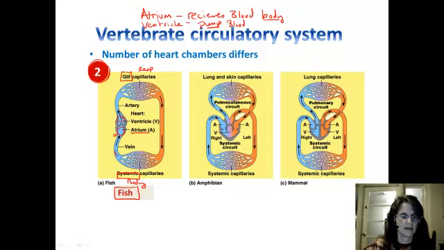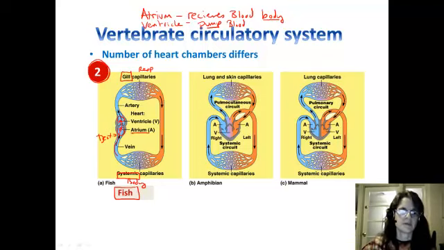Blood will have been out in the body, and will come back into the atrium. If the blood has been in the body, it has given up all its oxygen to the body tissues, the muscles, the organs, the brain, whatever. It's given the oxygen up. It comes back deoxygenated. Okay, and then the blood passes into the ventricle.